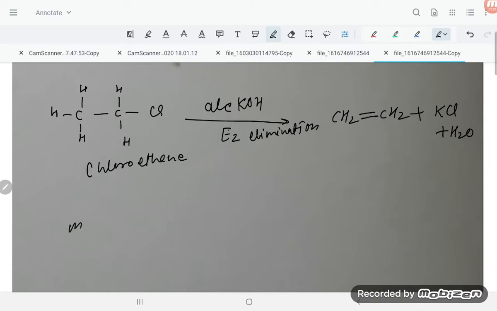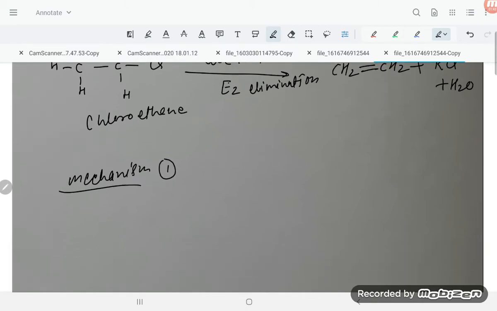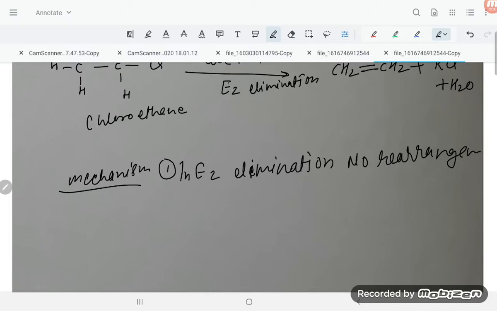Okay, let us have a look over the mechanism. Always keep in mind, in E2 elimination no rearrangement occurs. This is the first point.